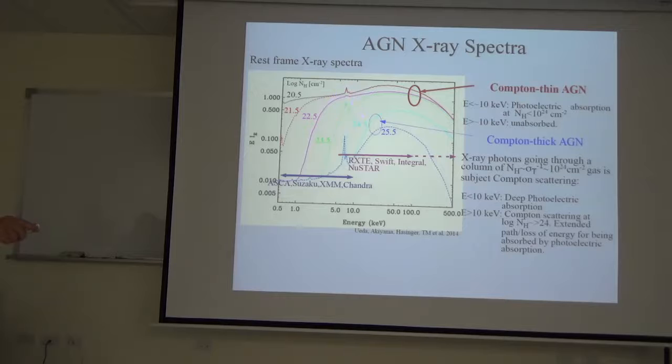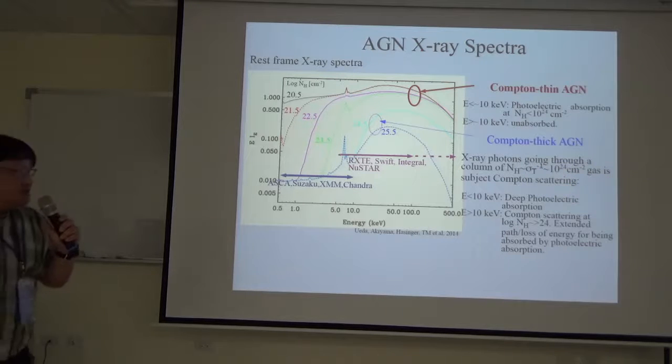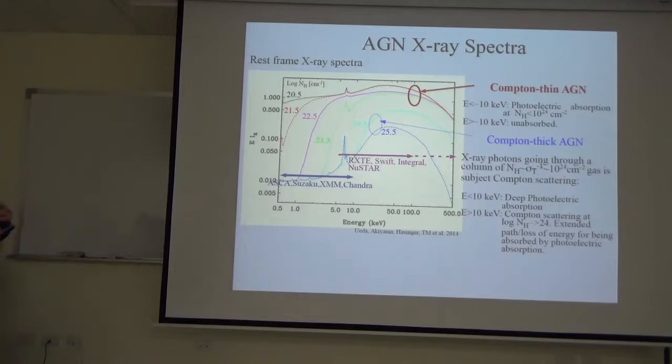Still, we can see these with XMM, Chandra or eROSITA. Now, if column density goes beyond 10 to the 24 per square centimeter, then Compton scattering starts to eat up even the 30 to 50 keV photons. These are intrinsically the same spectra, but it starts to eat up even here.